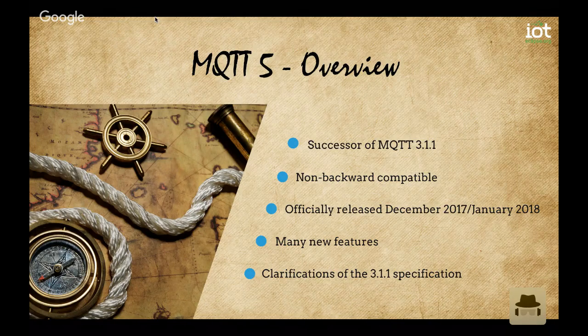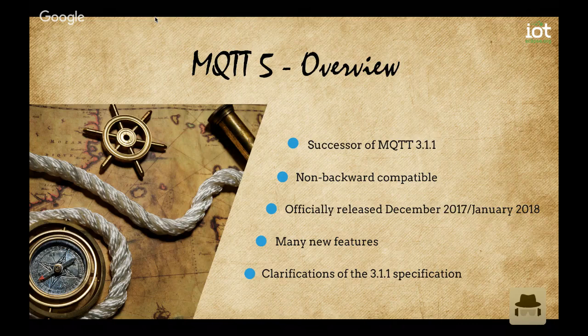The broker vendors can decide that they can, let's say, backport some of the features and also make sure the old and new version of the protocol are compatible, but the specification itself is not about backwards compatibility. It was officially released in December 2017 or January 2018.